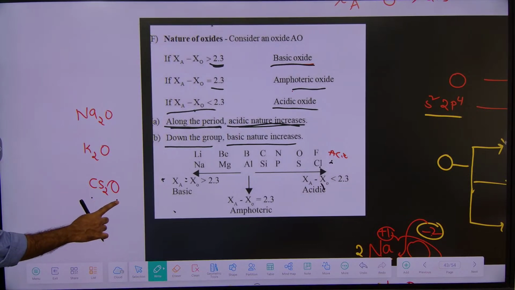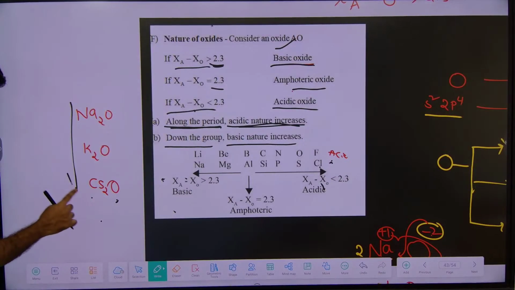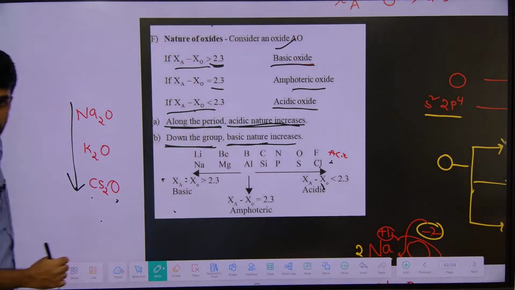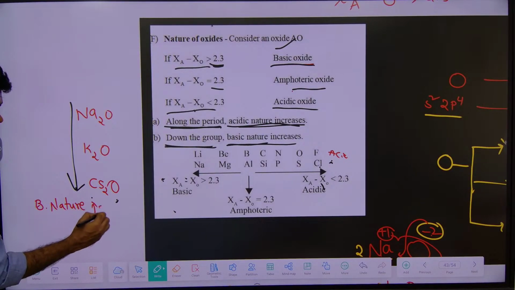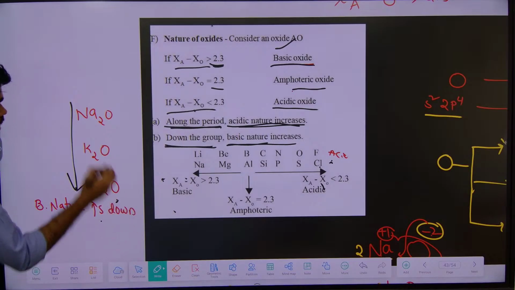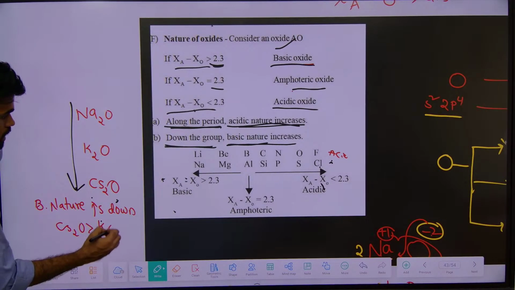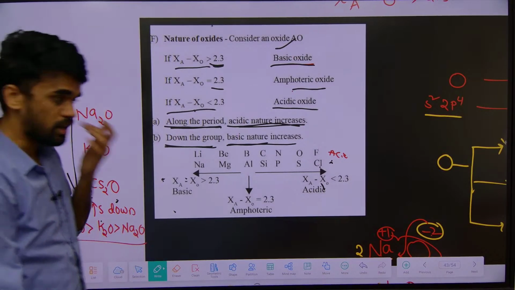More electronegativity difference means more basic nature. So down the group basic nature increases. You can write that statement with this example: Cs2O greater than K2O greater than Na2O. Okay, write it.